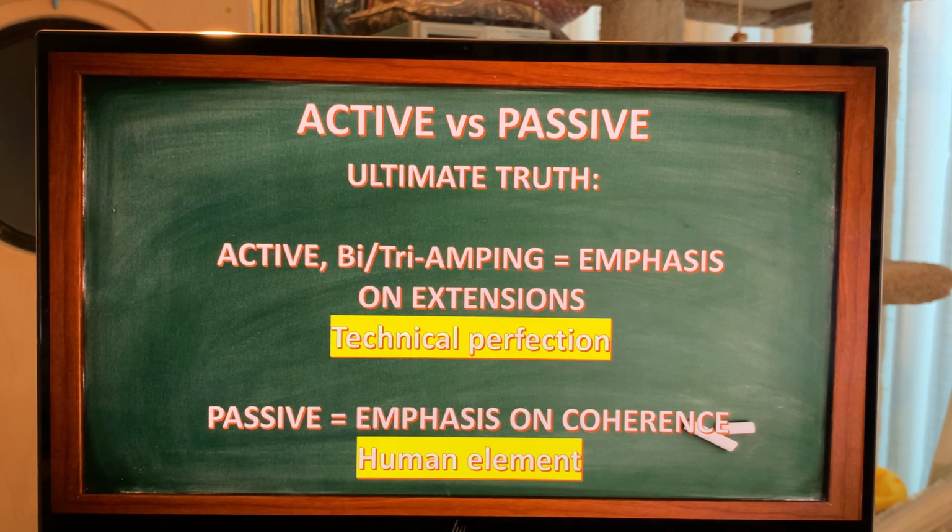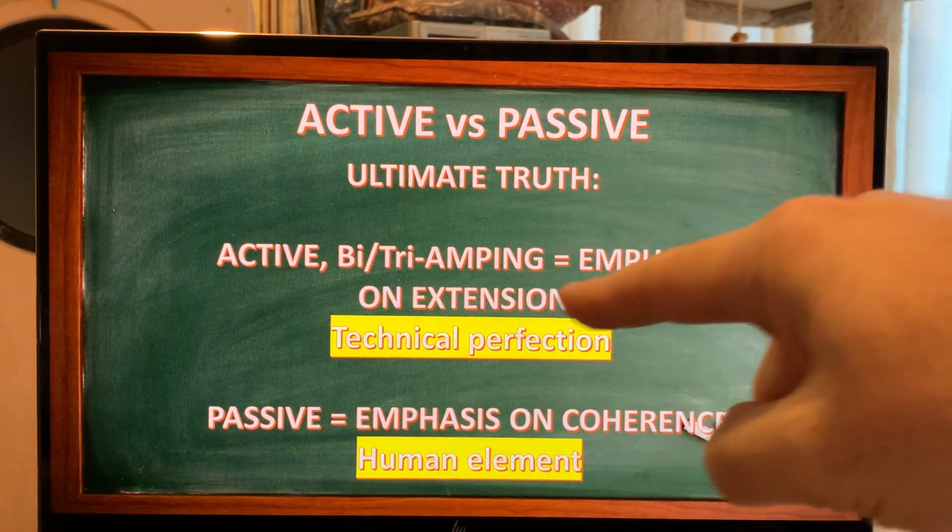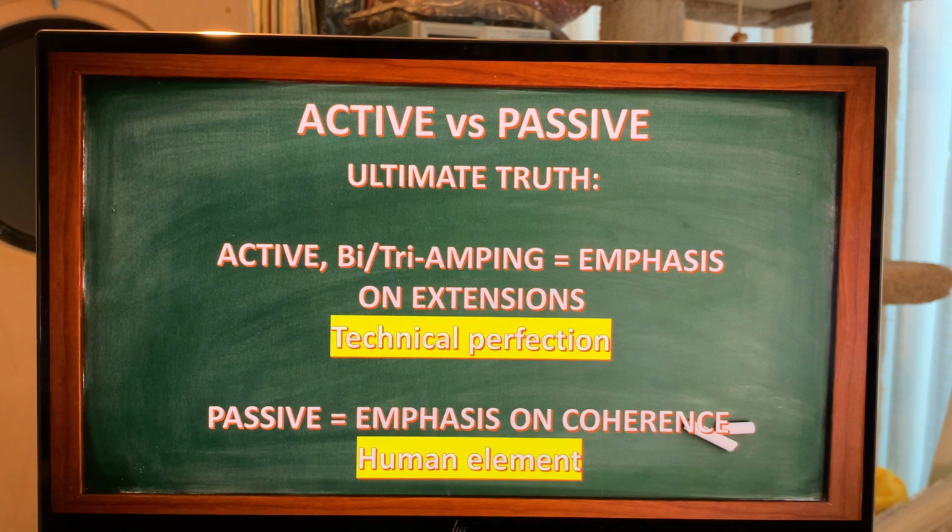It's just the fact that that system has been cultivated. And the main characteristic of a cultivated system is that it focuses your attention. And when you have a system that has been cultivated to a high level with a fine active crossover, your attention will be drawn to the technicality.